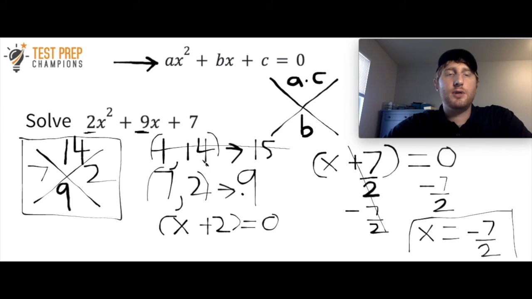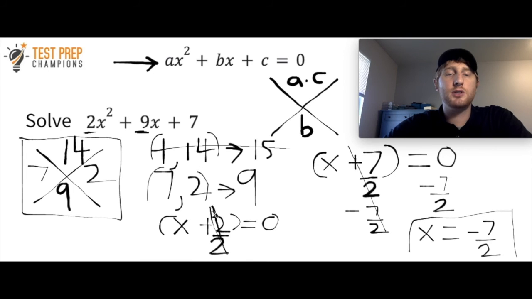And now, again, since the number in our a term is not a 1, I'm going to have to take that number 2 and divide it by my a term, which happens to be 2. So fortunately here, 2 divided by 2 is just 1.